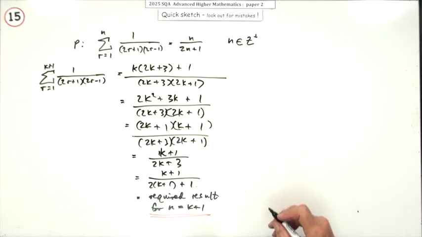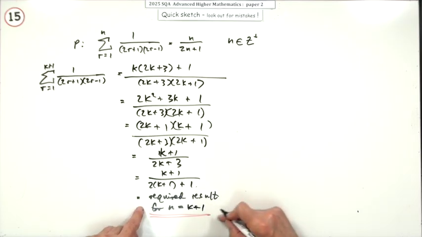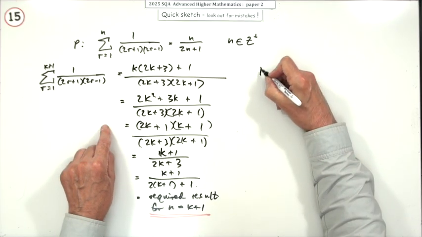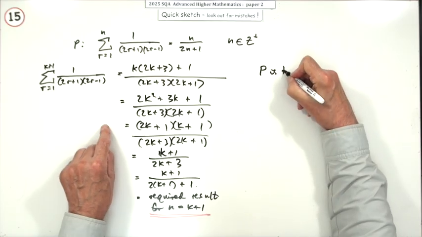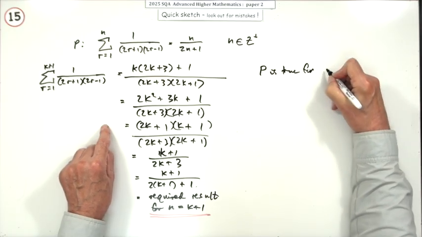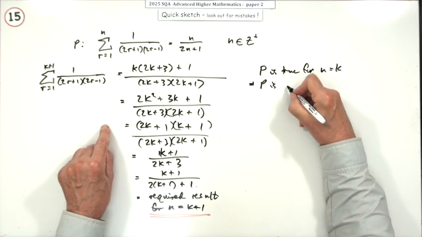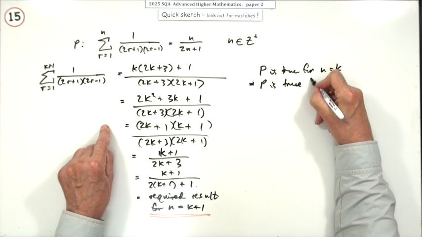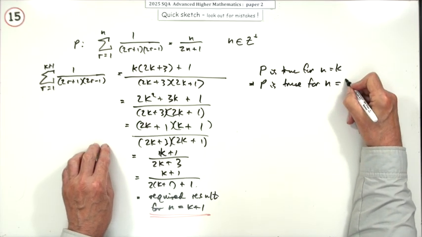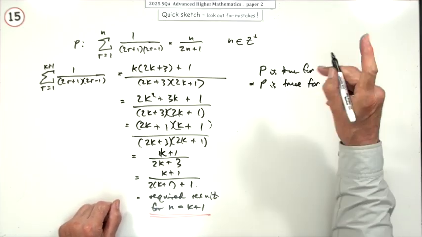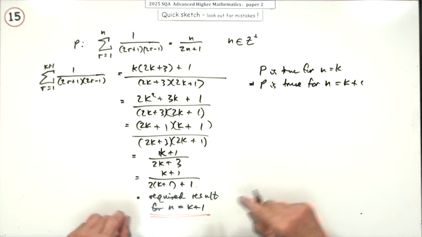Then just make the final statement. So what that tells you is this. What this says is, if p is true for n equals k, that means that p is true for n equals k plus 1. That's what that's told you, because you assumed it was true for that. If it was true, then it's true. It works for this one.